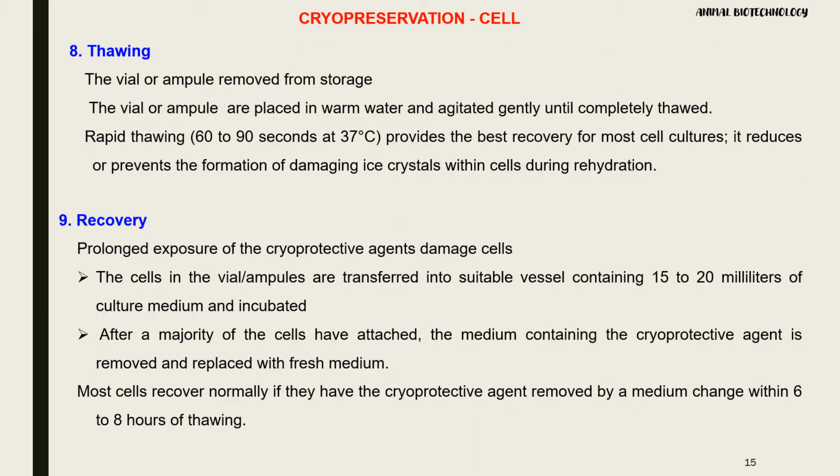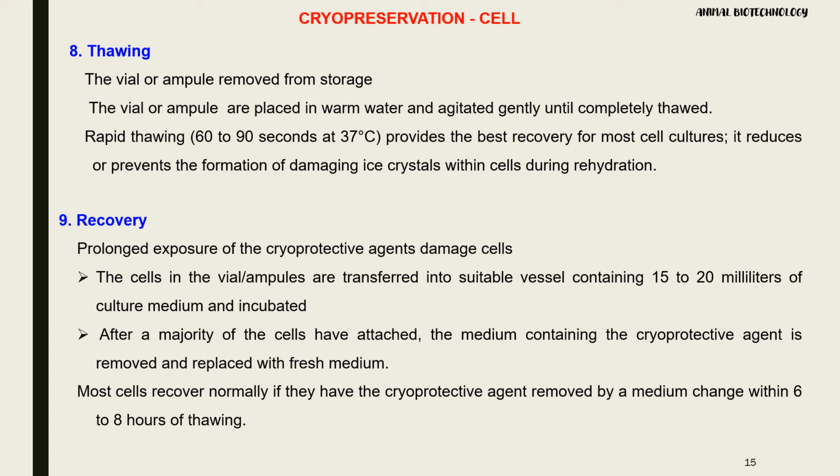For recovery of cells, the first step after cryostorage is thawing. Rapid thawing provides the best recovery for most of the cells. The vials are taken from storage and placed in warm water and agitated gently.